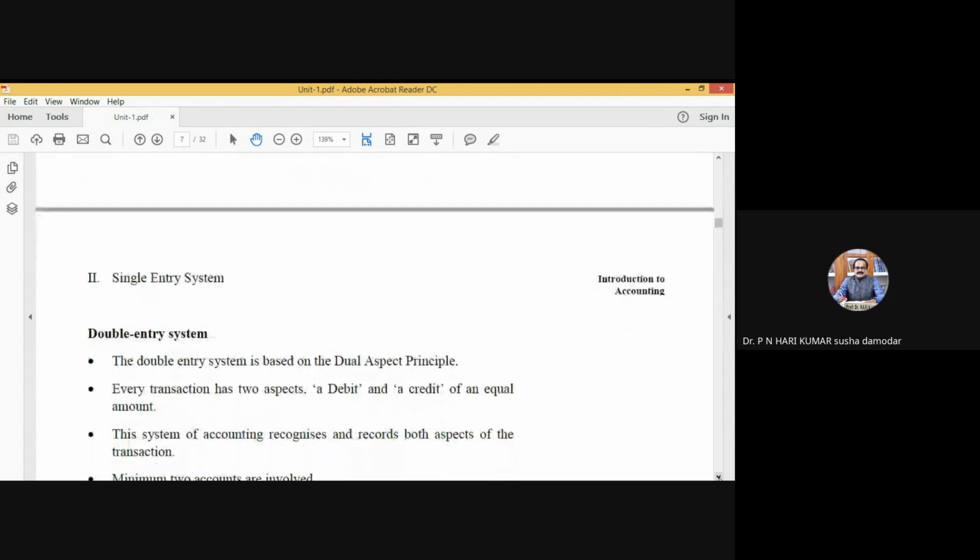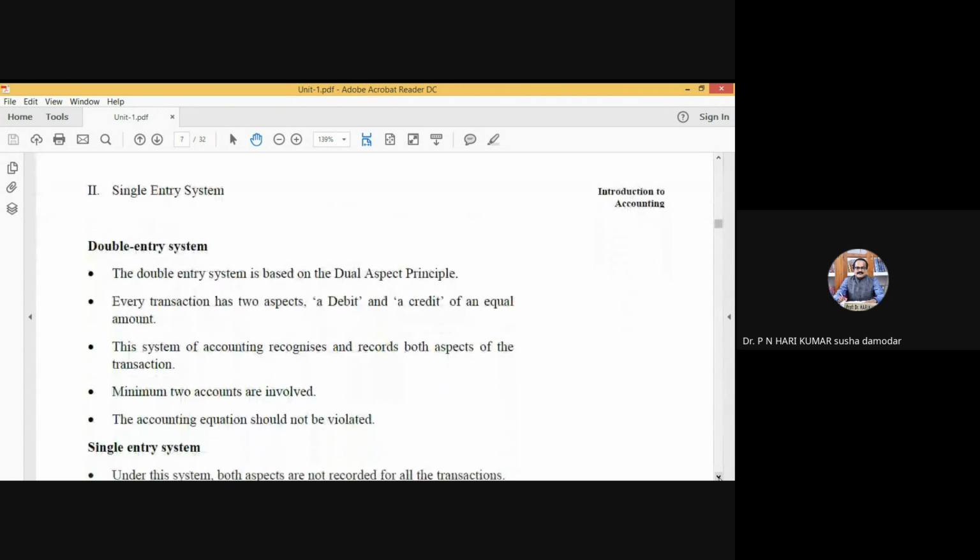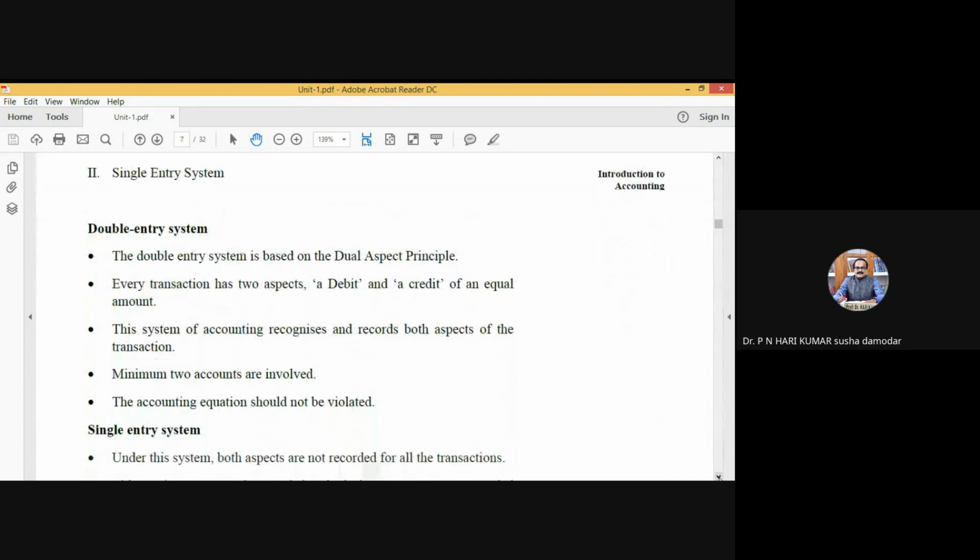See, the double entry system is based on the dual aspect principle, debit and credit. This system of accounting recognizes and records both aspects. Minimum two accounts are involved. For example, cash and salary. Payment of wages, cash and wages.